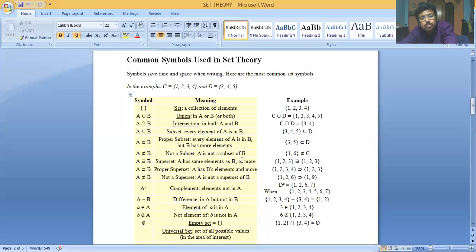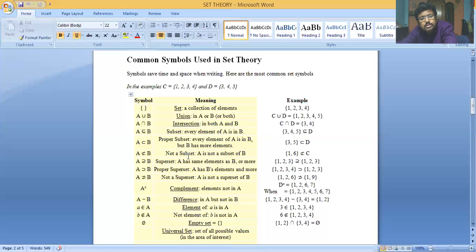A is not a subset of B. 1 and 6, this set is not a subset of C, because 3, 1 and 6 is here.